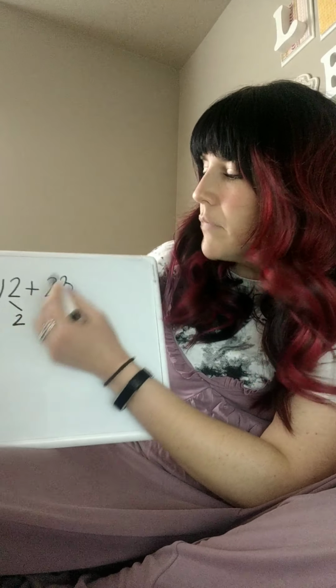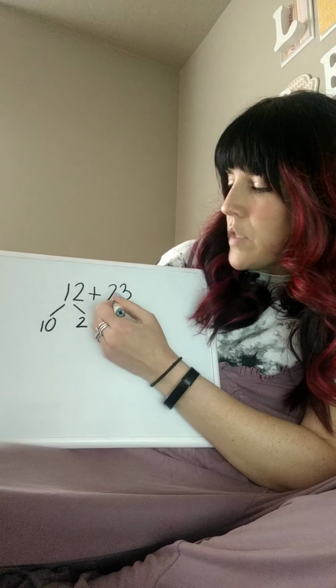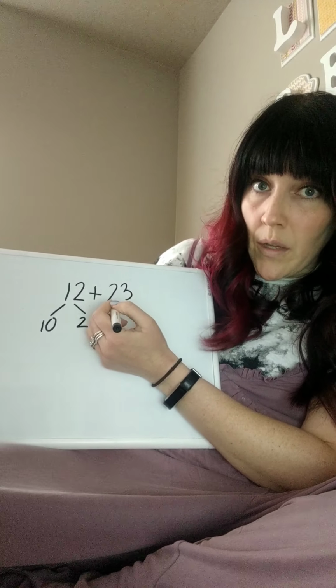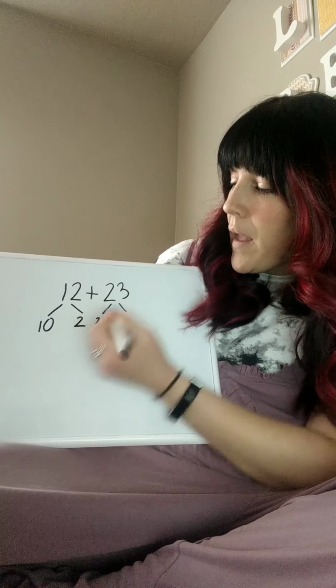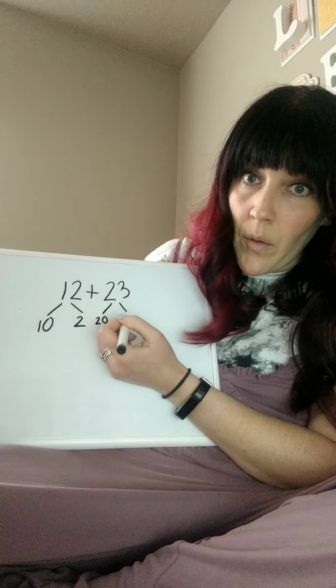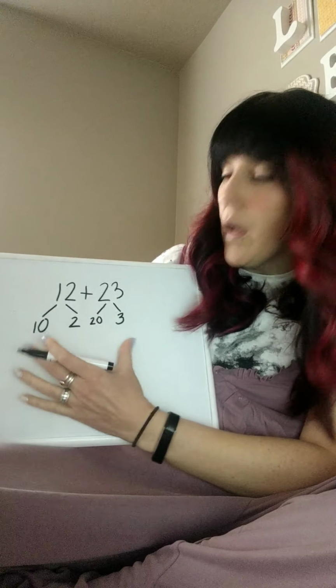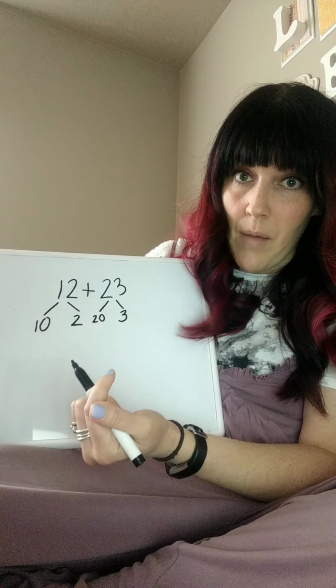Okay? 23, we can do the same thing. I know that the value of the 2 in 23 is 2 tens, which is 20. And the value of the 3 in 23 is 3 ones, which is just 3. So what I've done is I've taken my numbers and I've decomposed them, okay?